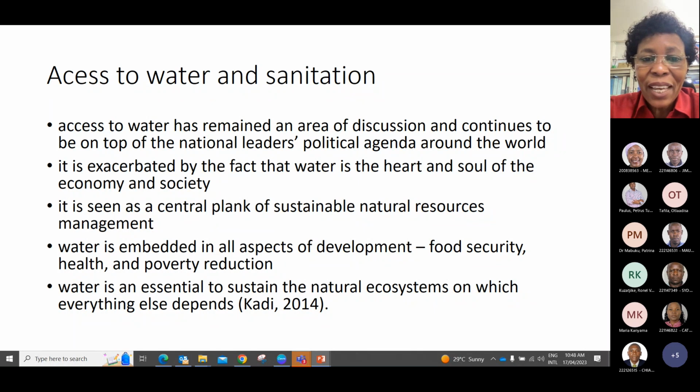The fact that water is life, and the fact that there are so many problems that the water sector and sanitation experience, makes water inadequately available in some areas and makes sanitation poor in some places, and therefore it remains a hot area of discussion, research, and on top of the agenda among the national leaders, because it's an ongoing issue.